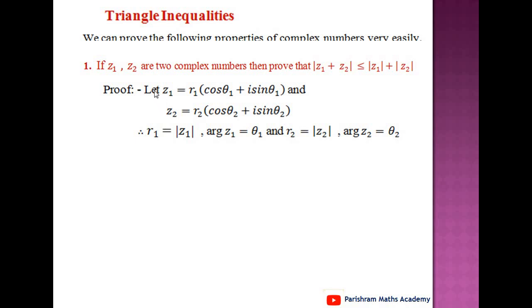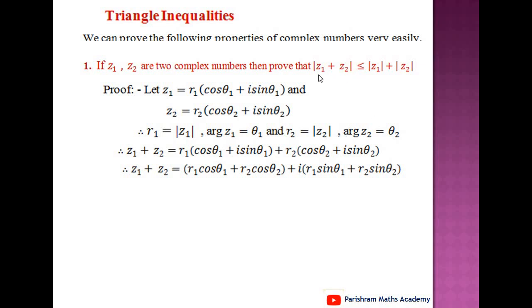We can take complex numbers z1 and z2 in polar form. z1 = r1(cos θ1 + i sin θ1) and z2 = r2(cos θ2 + i sin θ2). And here from these complex numbers, r1 is the same as |z1|, the argument of z1 is the same as θ1, r2 is the same as |z2| and the argument of z2 is the same as θ2. And therefore we can find the value of z1 + z2.